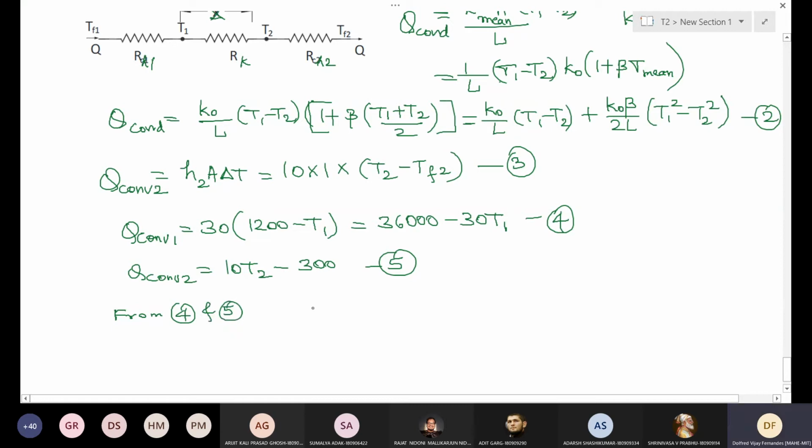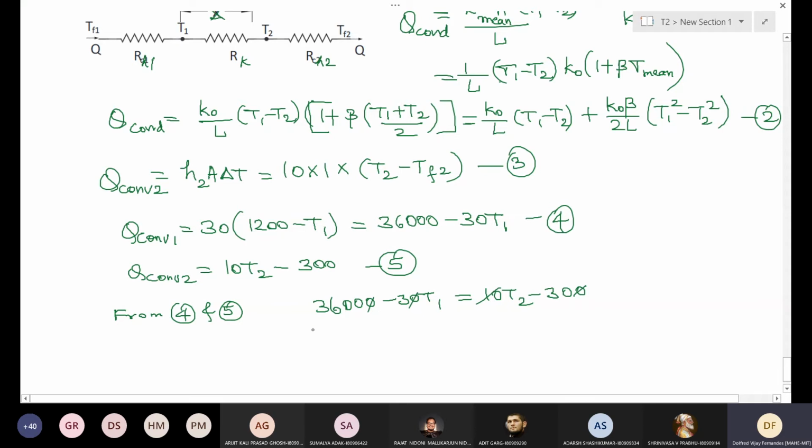Okay, now from 4 and 5 you can write one equation. So you can say that 36,000 minus 30 T1 equals 10 T2 minus 300. So you can replace T1 with respect to T2, or T2 as a function of T1. Everywhere 10 is the minimum value, so if I divide by 10, I can remove the 10 everywhere.